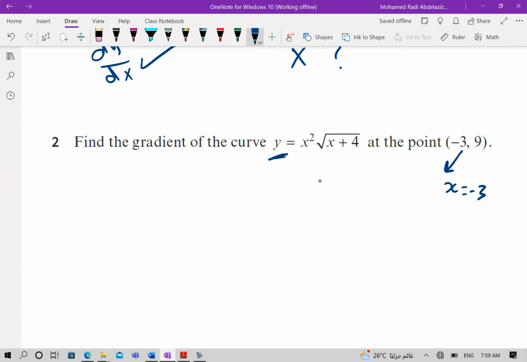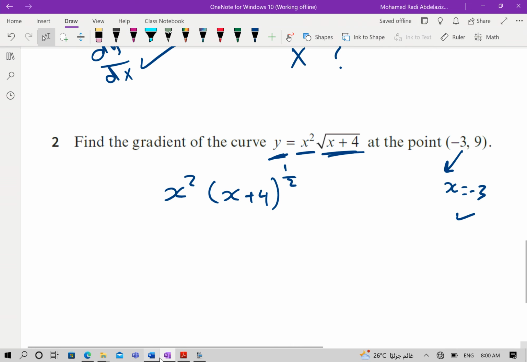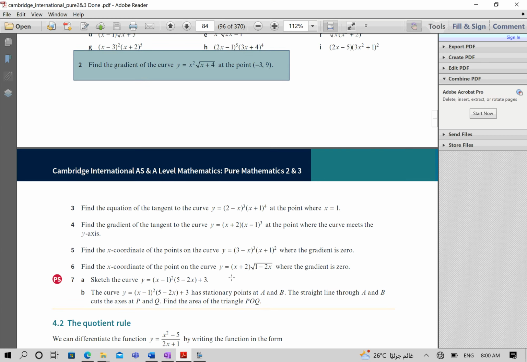How to get the derivative? Is it a product of two functions, x squared and x plus 4, all to the power of half? Yes. Differentiation of first, multiply by second, plus differentiation of second, multiply by first, then substitute the value minus 3, you can find the gradient.